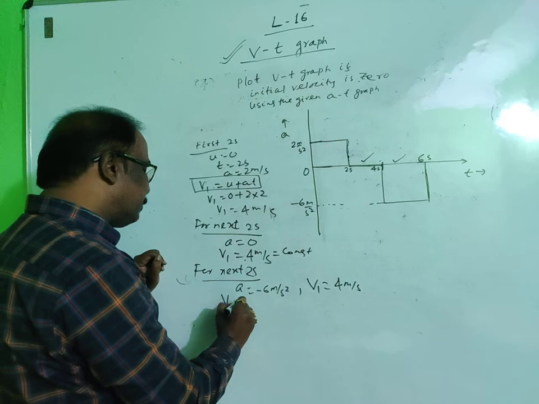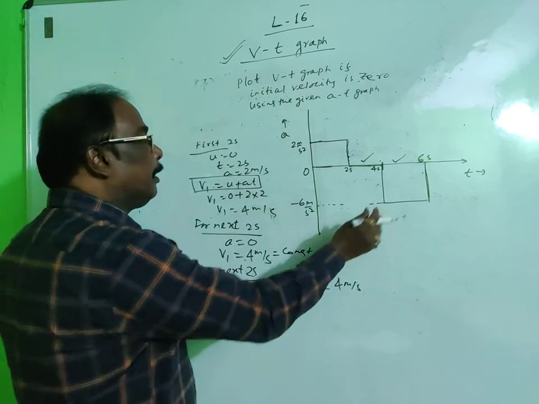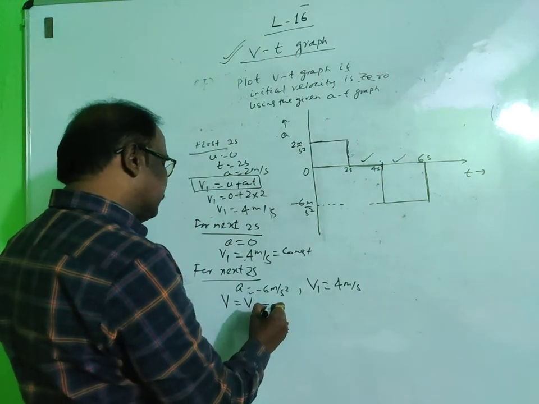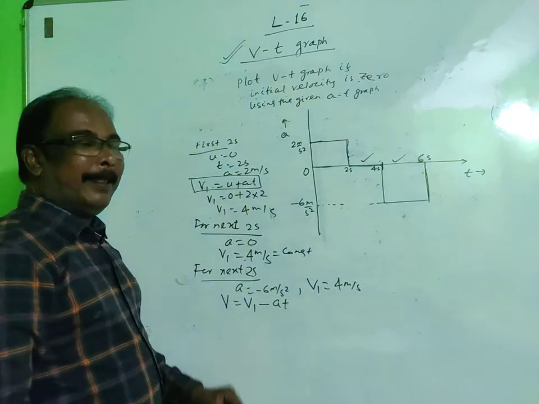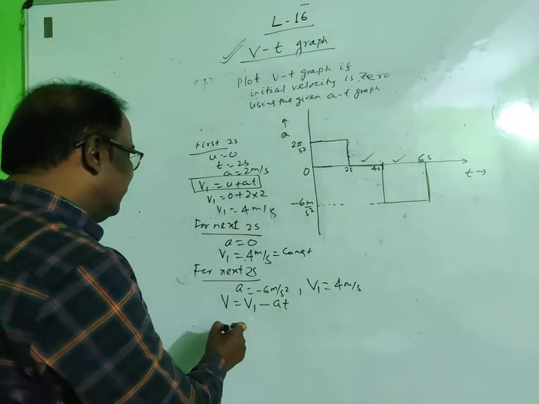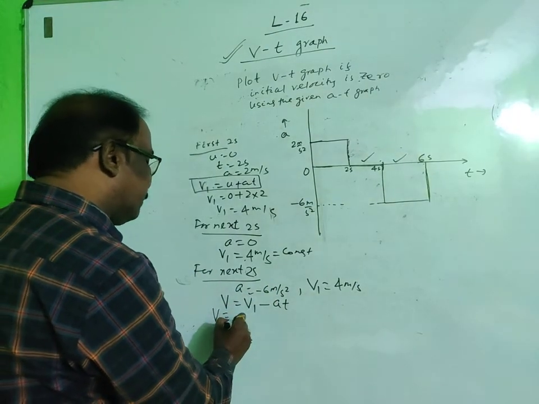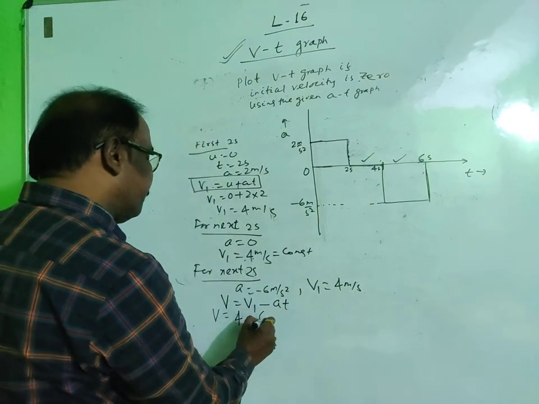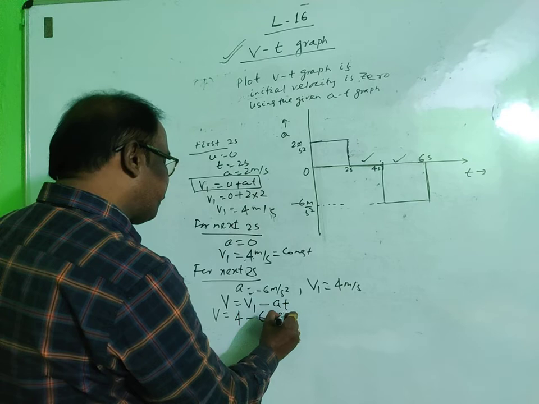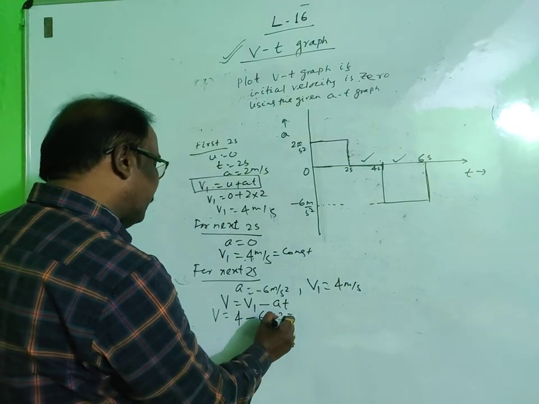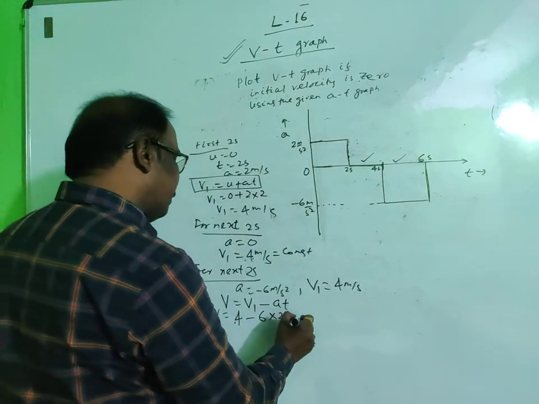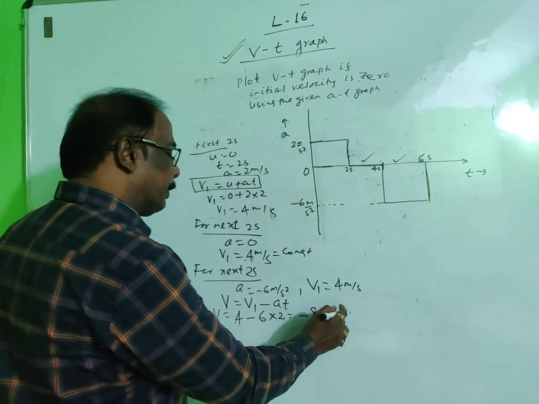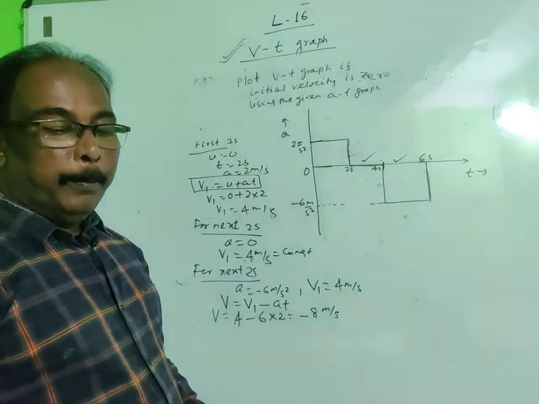Let final velocity be V. Initial velocity is V1 for this interval of time, 4 second to 6 second. Retarded motion, I am taking acceleration as negative, so final velocity is 4 minus 6 into interval of time 2. 6 into 2 is 12, 4 minus 12 is minus 8 meter per second.